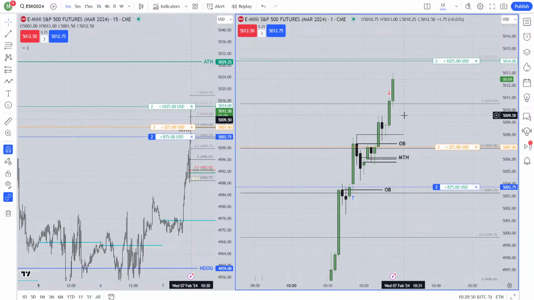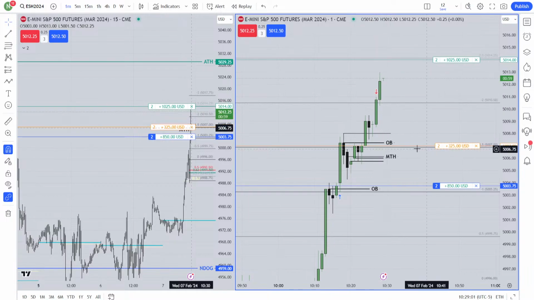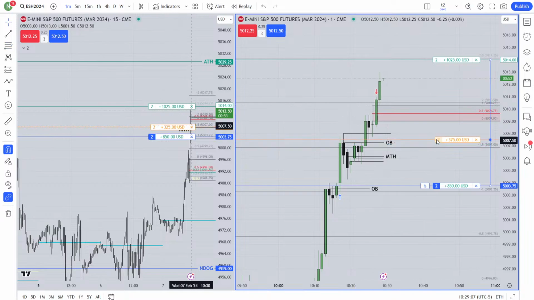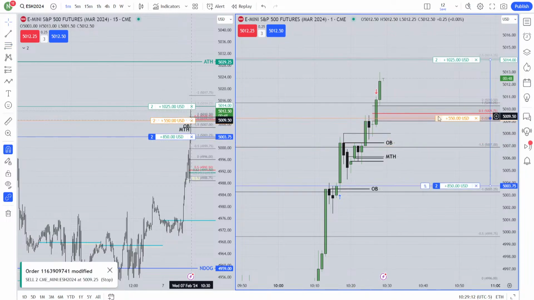Why? Because it is going to make this a measuring gap, and I am going to believe that. Not exactly the low of that candle; I will just mark the 50% of that measuring gap. I'm going to put my stop loss below the 50%. It should not come back below the 50%, so I'm going to put my stop loss over there.